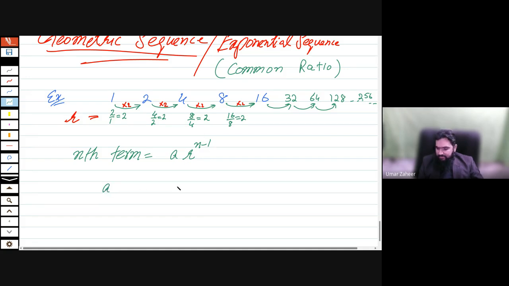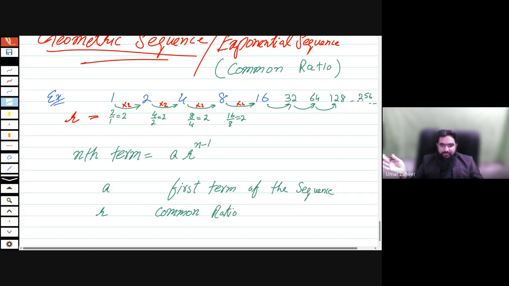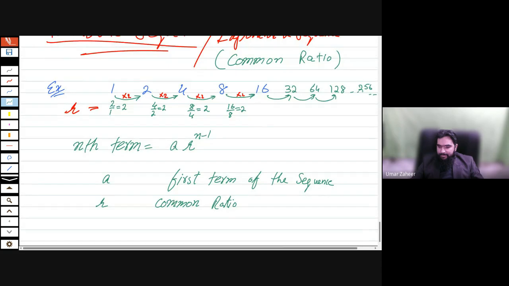What is a? A is the first term of the sequence. R is the common ratio between any two consecutive terms.